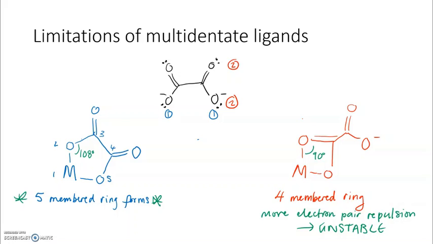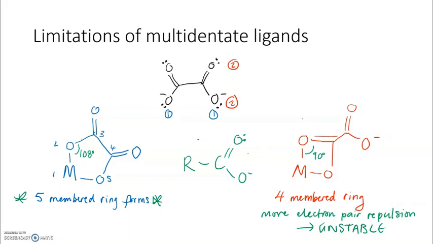So when you're looking at, for example, a carboxylic acid, C double bond O, and it becoming deprotonated to give you O minus, so a carboxylate rather.